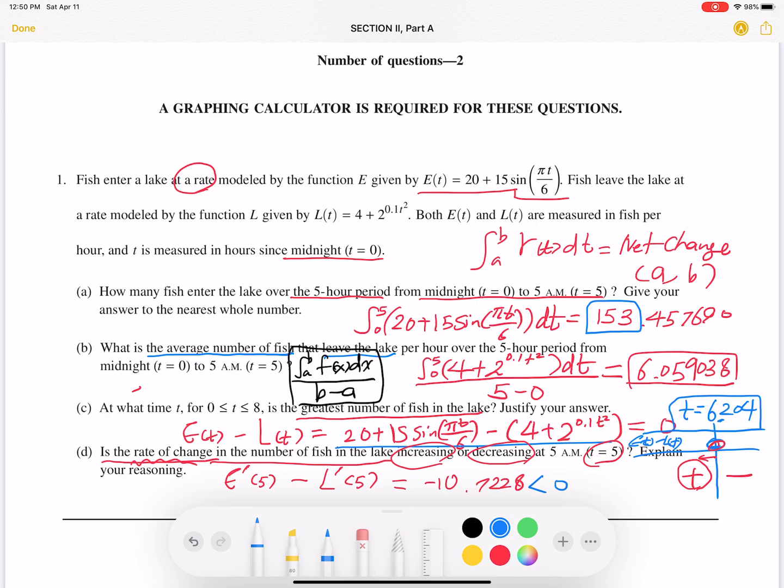That is less than 0. What does it mean? If it's less than 0, that is decreasing. So you can say, yeah, it is decreasing. And then explain why: because E prime of 5 minus L prime of 5 is negative. That's why the rate of change in number of fish in the lake is decreasing at t equals 5.